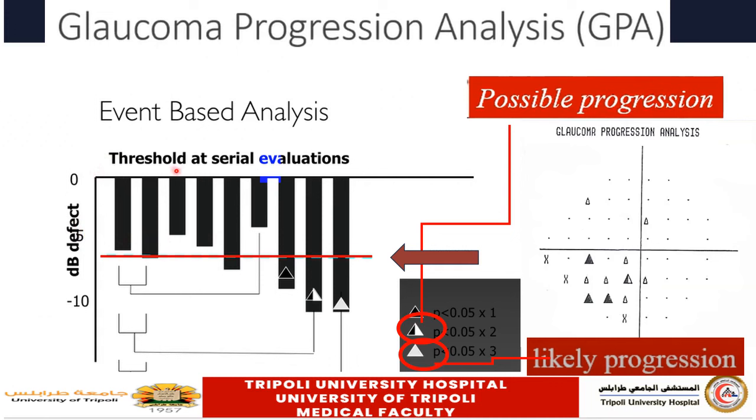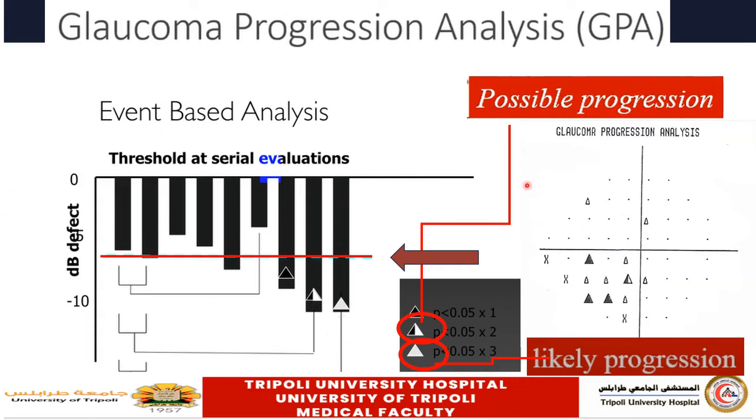After successive visits, we determine the average sensitivity for each visit, and if one of the visits crosses this average line, this is regarded as abnormal and is highlighted in an empty triangle if it is for the first time. If it is crossed for the second time, it is highlighted as a half triangle. If it is crossed for the third time, it is highlighted as a black triangle. And this is plotted in the probability change map.